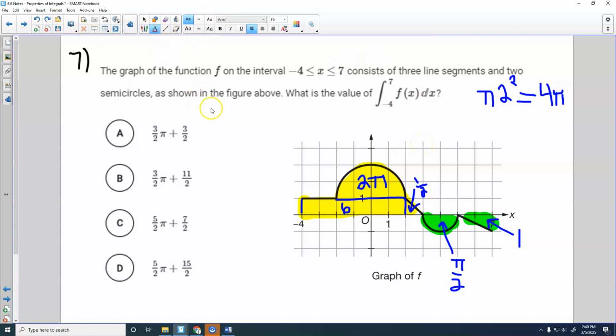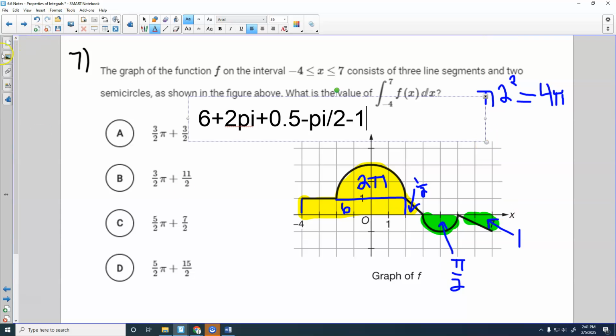So what I'll be doing is 6 plus 2 pi plus 0.5, and I'll do minus pi over 2 minus 1.